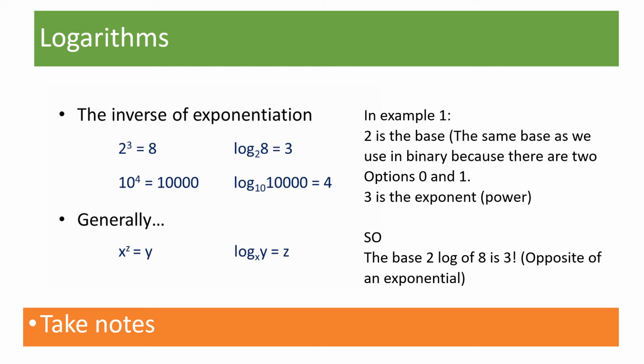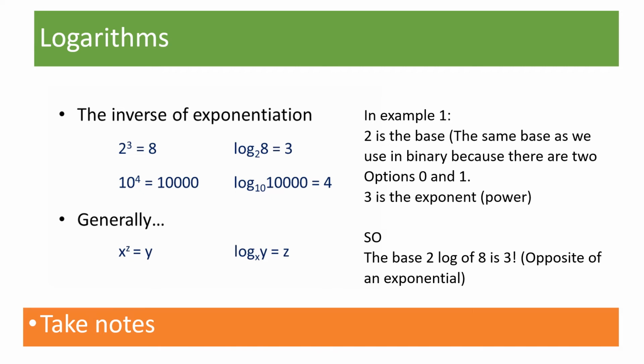Here's another example. 10 to the power 4. We can think of the base 10 as in our denary number system. 10 to the power 4 is 10,000. So if we've got 10 digits 0 to 9, and we want to be able to make 10,000 combinations, then how many digits are we going to need?